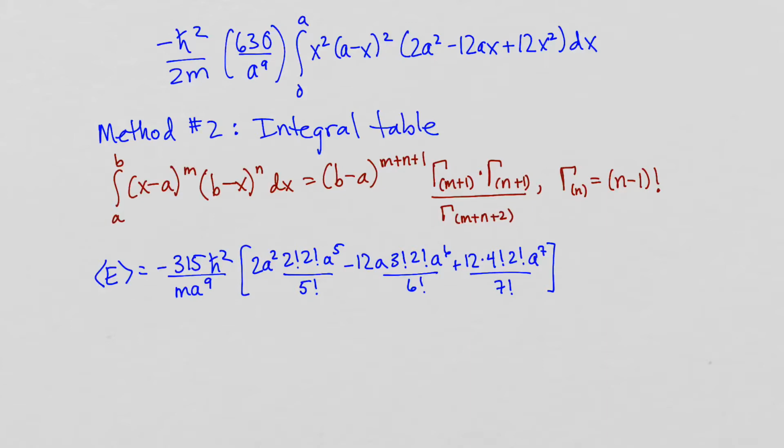And then don't forget you evaluated once again from your limits 0 to a here, so that's where our x's again disappeared and got subbed in with an a. All right, so then you just keep on trucking. So evaluate your factorials, simplify everything, and you should get to the same result we had previously of 6 h bar squared over ma squared.